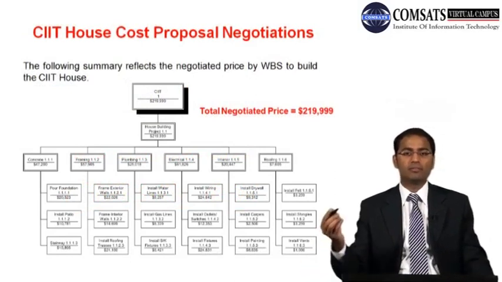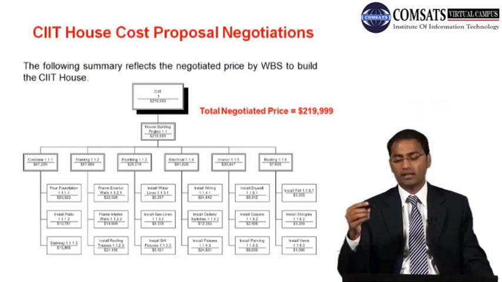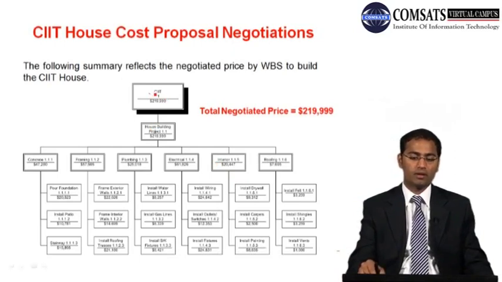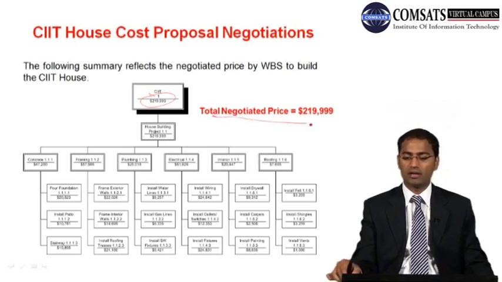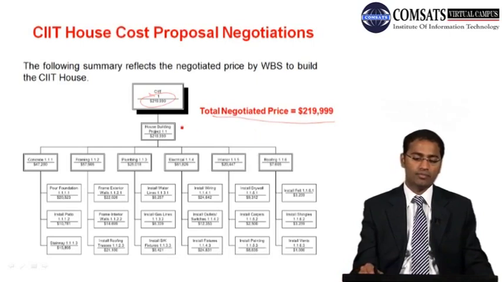So the following summary reflects the negotiated price by WBS to build the CIIT house. And now you are having this program worth of this, because total negotiated price was 219,999, and that is reflected over there.